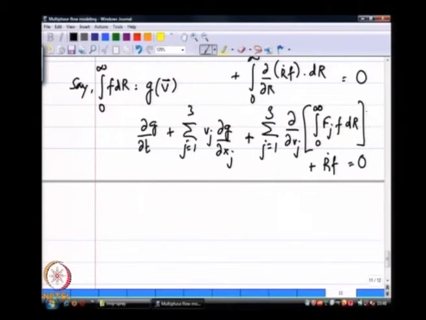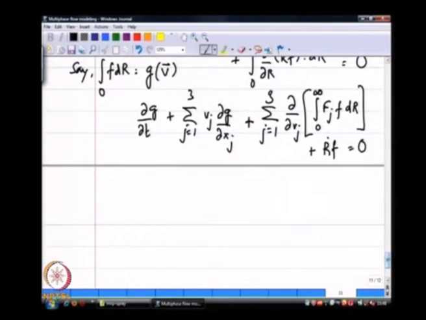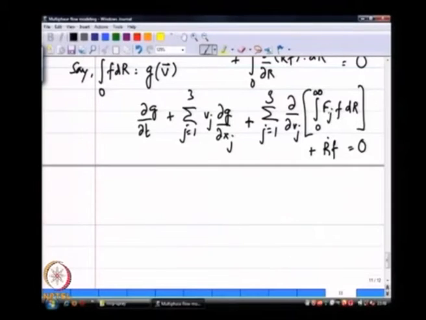If you look at especially the third term, there I still have f, because f j, the force acting on a set of particles, the external force, is a function of r. If it is not a function of r, I can take that out and write this as f j times g.